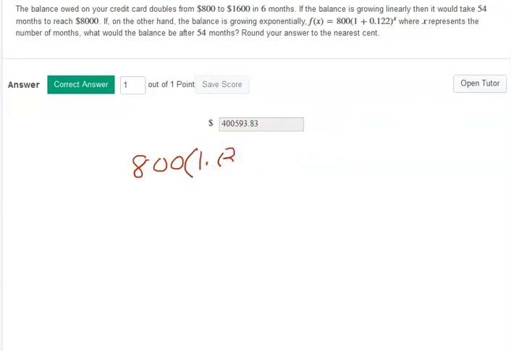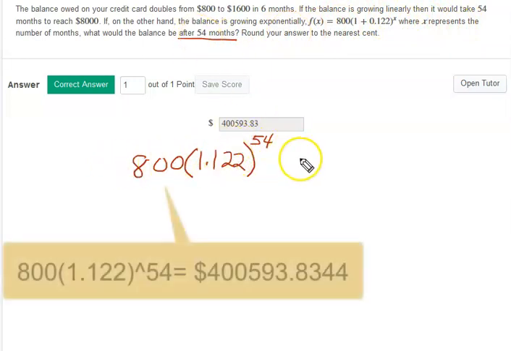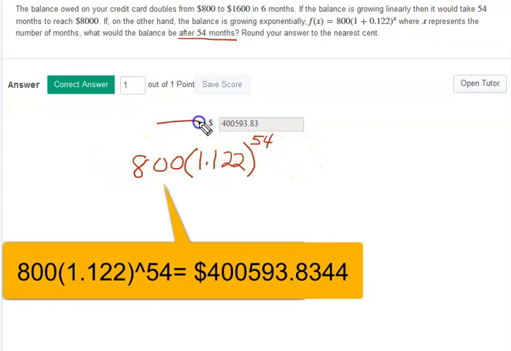We write that properly here. So combining the 1 and the .122 here gave us this. And the time here, the t, or the x, is 54. Just putting this into your calculator, you should get this.